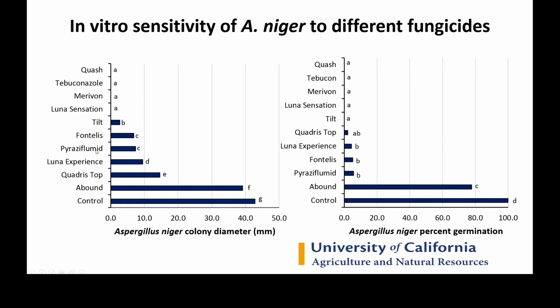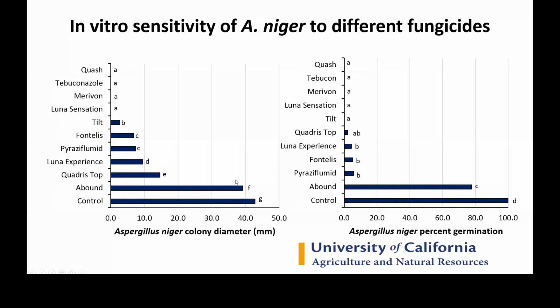And we can see here that group number 3 and 7/11, such as Luna Sensation and Miravis, and group number 3, Quash and Tebuconazole, did very well in vitro. Tilt, which is number 3. However, group number Abound is, I believe, 11.